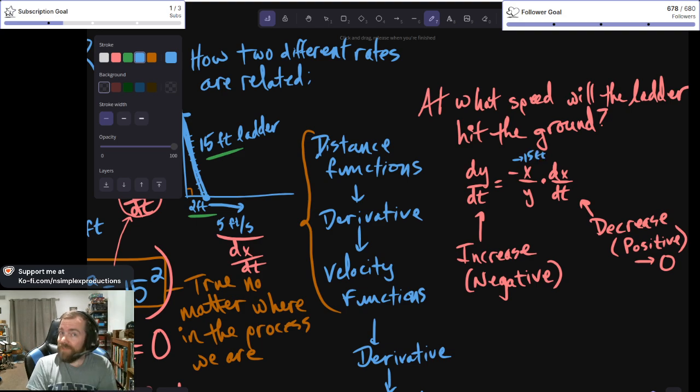Your y value, on the other hand, is going to start approaching 0. Which means that our dy dt is going to increase at a faster and faster rate, potentially making this fraction go to negative infinity.